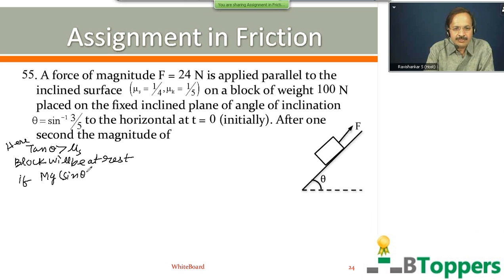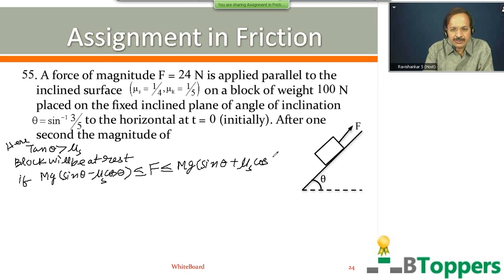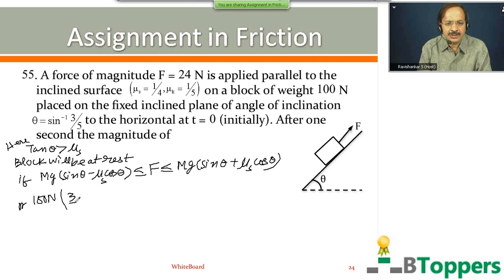mg sin theta minus nu s cos theta is less than or equal to F, which is less than or equal to mg sin theta plus nu s cos theta. So you can substitute the given values. The weight mg of the block is given as 100 Newton, sin theta is 3 by 5, the coefficient of static friction is 1 by 4, cos theta is 4 by 5.